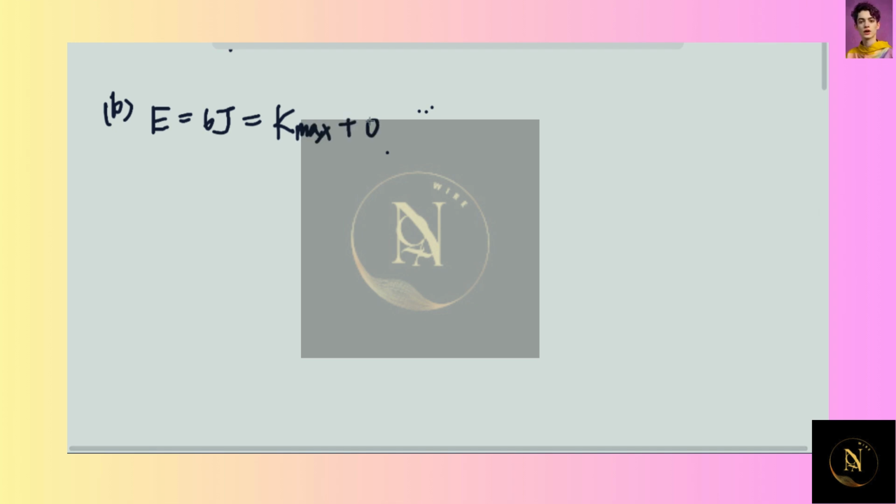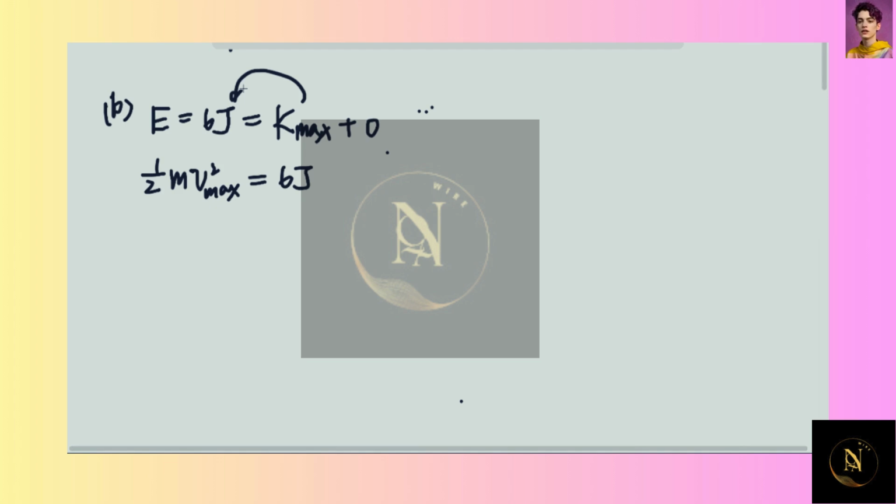Now the potential energy is 0. So we have the kinetic energy equation, 1/2 m v squared. Now v is at its maximum, so we call it v max, and K max is directly equal to 6 joules, the total energy of the system.